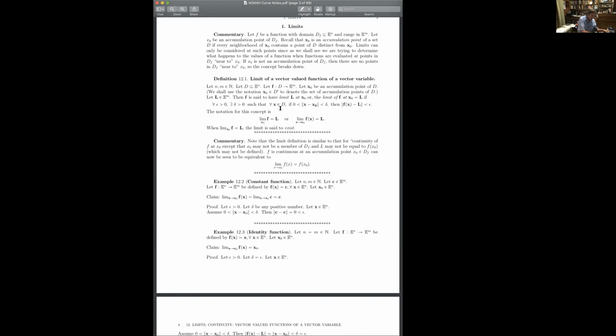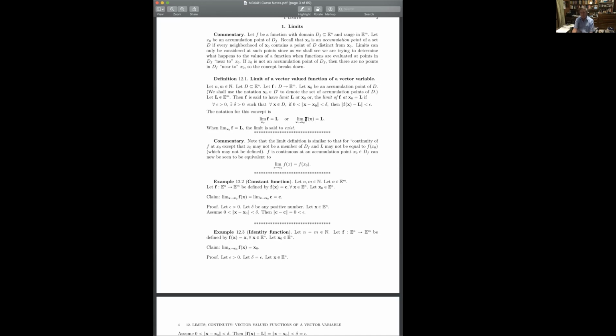Now, what I'm going to do is go off this page real quickly because I want to write some stuff here. But what I'm going to write has to do with repeating this line right here. And this is a line I hope that you saw before in Calc 1 or Calc 2, at least something like it. What you didn't see before is double lines here and double lines here. What we're talking about is limits. Now, this is what you usually see, but again, what you usually see doesn't have boldface.